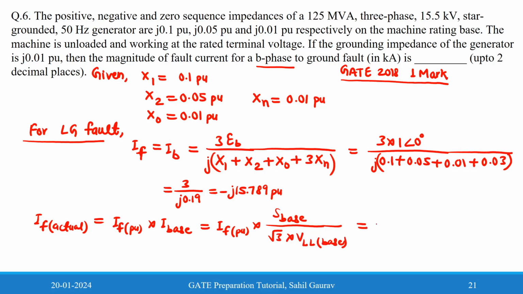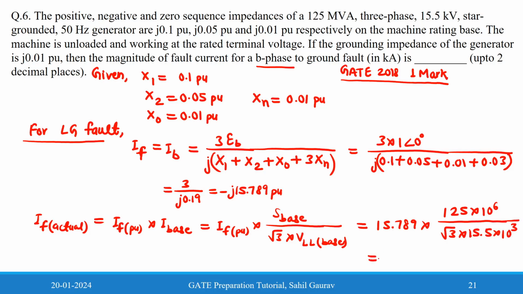Just put in all these values: IF per unit is 15.789, S base is 125 MVA, root 3 times VLL, 15.5 into 10 to the power 3.